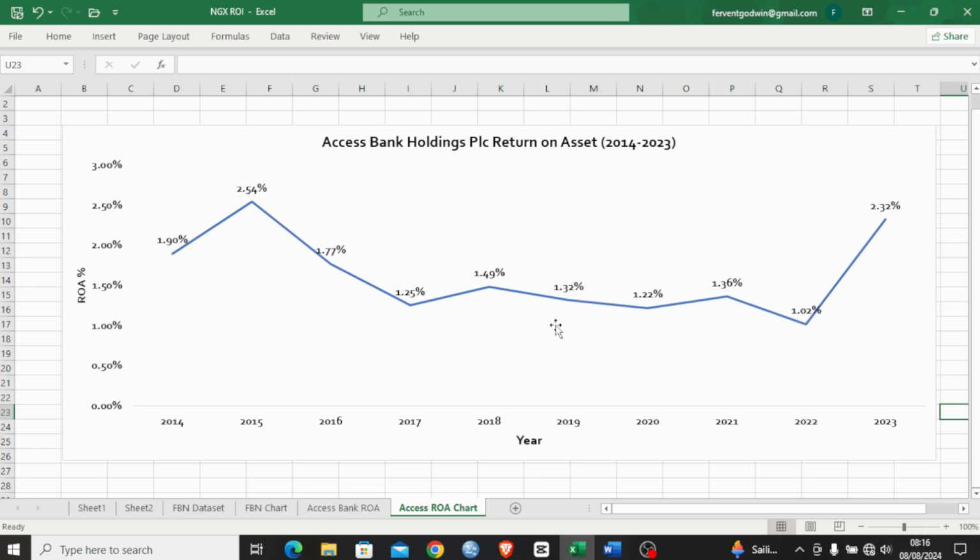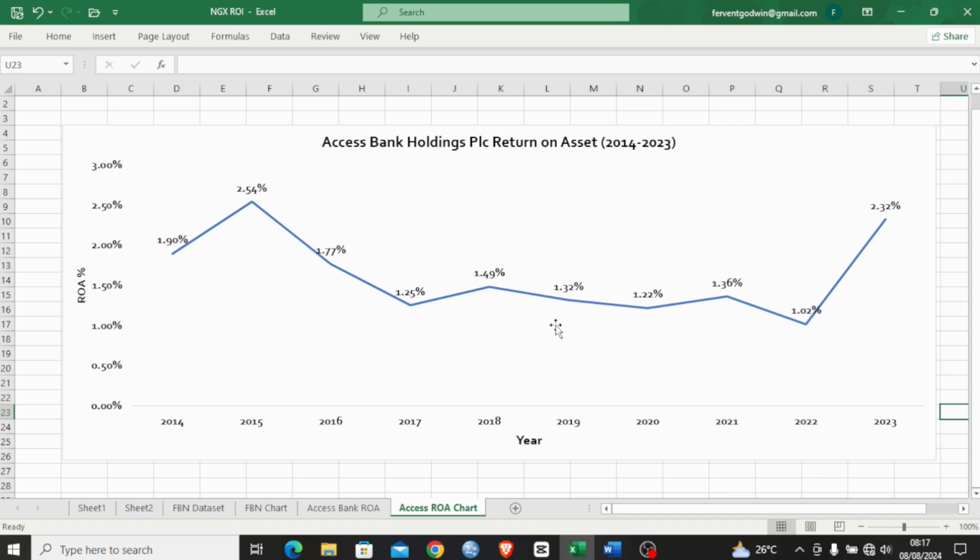High net income can lead to higher return on assets, and a small asset base can also result in higher return on assets, if profitability remains constant over the period. Industry can also determine that, and then growth stage can also determine that. But return on assets is actually industry specific.